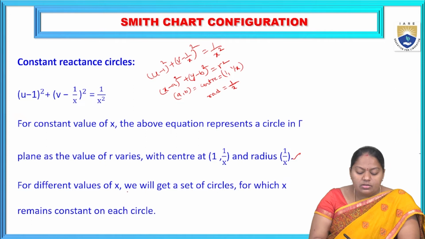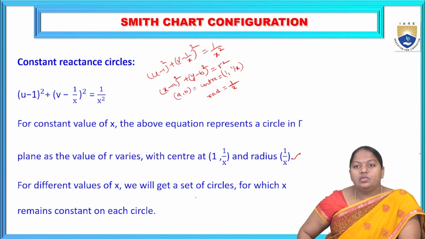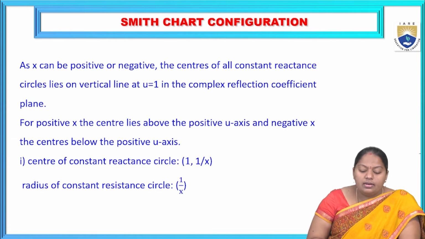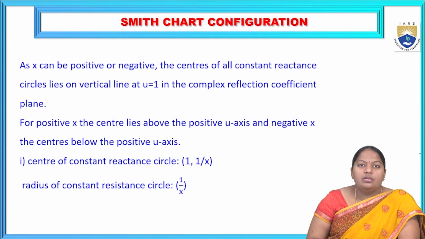Now for different values of x, we will get a set of circles for which x remains constant on each circle. So in order to draw a constant reactance circle, we must consider all the terms related to x only. As x can be positive or negative, the centers of all constant reactance circles lie on the vertical line at u equal to 1 in the complex reflection coefficient plane.